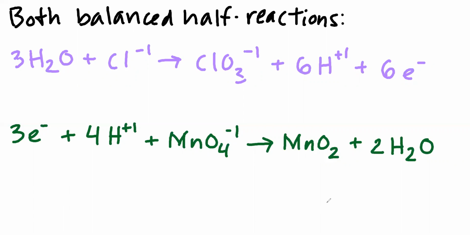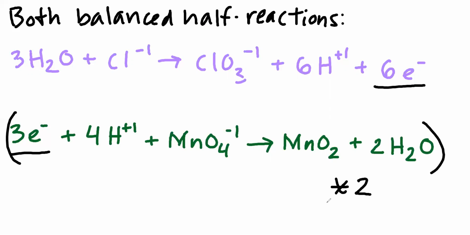We have to have an equal number of electrons in each reaction. So our top one has 6 and the bottom reaction only has 3 electrons. To get these reactions totally balanced, we're going to take this bottom reaction and multiply everything in it by 2. So that will get us to an equal number of electrons in each reaction.